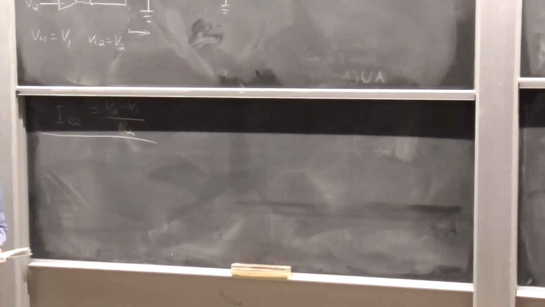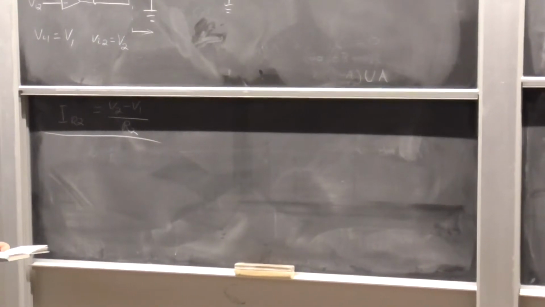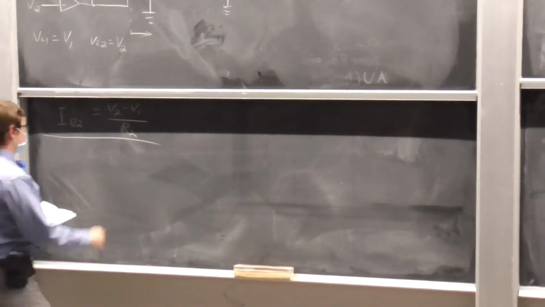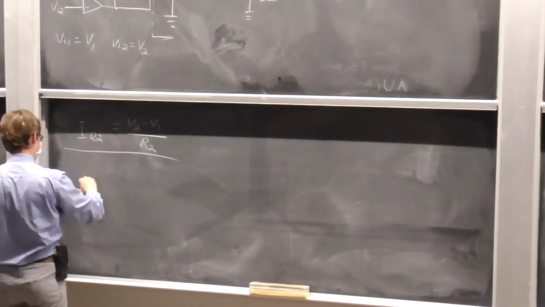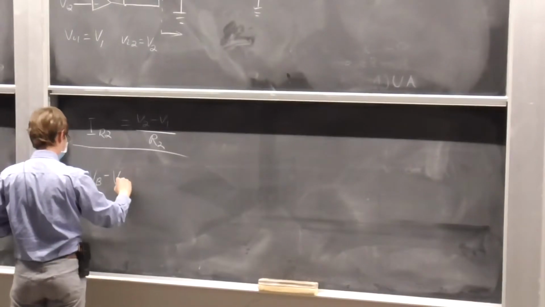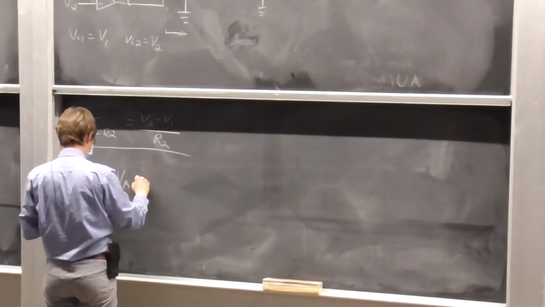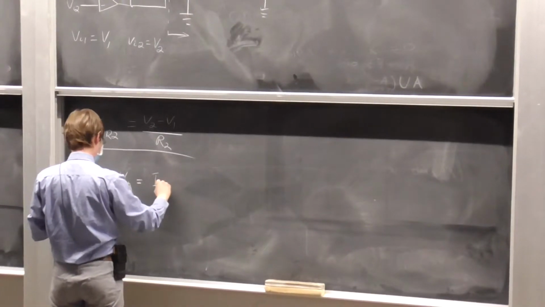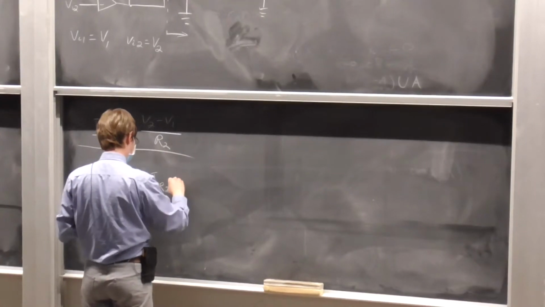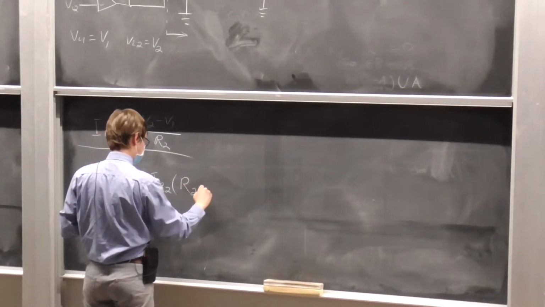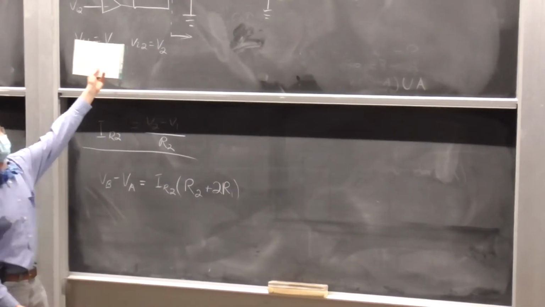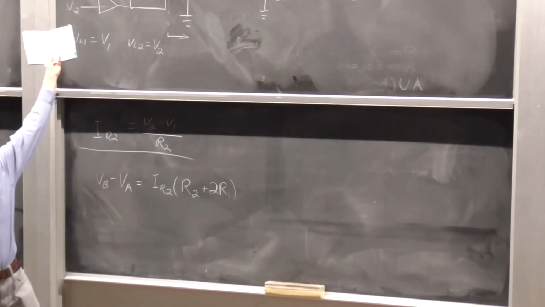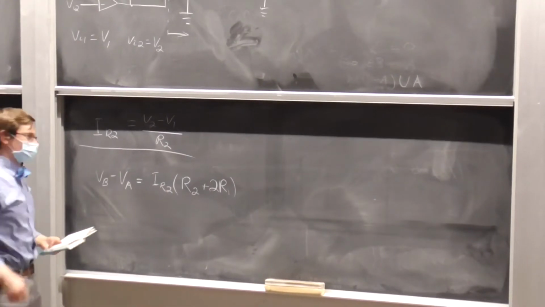So, the voltage difference between A and B, we can use Ohm's law to get to that voltage difference, right? Via Ohm's law, VB minus VA is equal to the current through R2 multiplied by R2 plus 2R1, because those are just resistors in series. Boom.